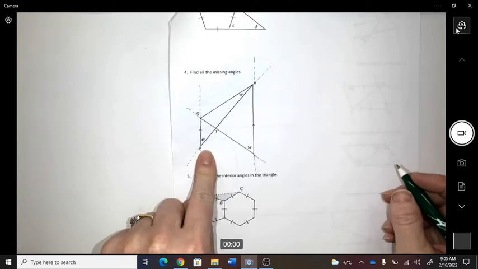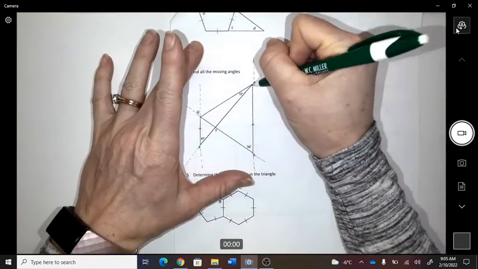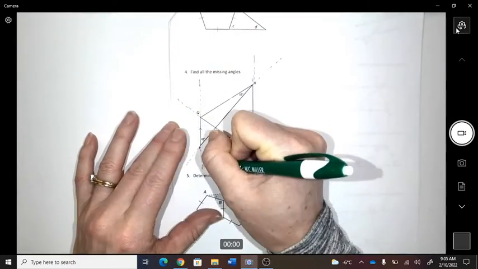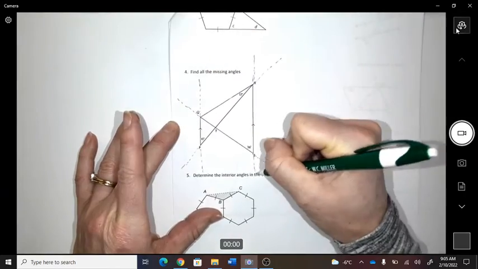I'm going to go with question 4 here. Do you see what I did? Can you do this on your paper? I extended a bunch of these lines out. Can you do that as well? All those lines, extend them out.